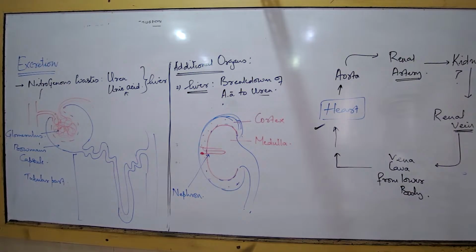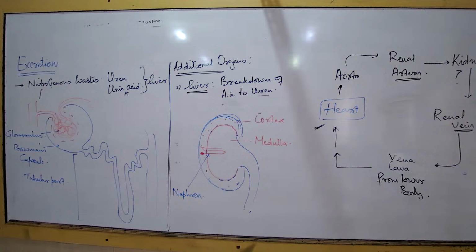Glomerulus. B-O-W, write the spellings correctly. From the very beginning, make it a point that the spellings you write are correct. Don't make hybrid terms. Bowman's, glomerulus.